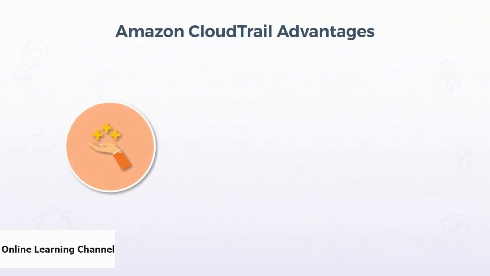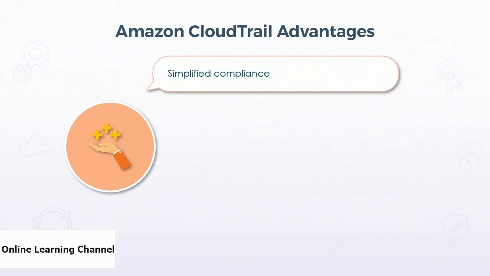Now let's look into Amazon CloudTrail advantages. The first one is simplified compliance. With AWS CloudTrail, simplify your compliance audits by automatically recording and storing event logs for actions made within your AWS account.